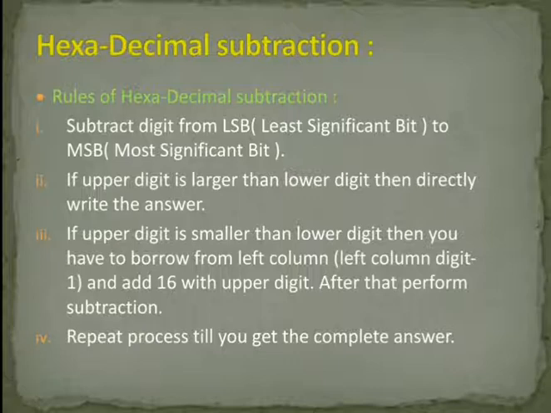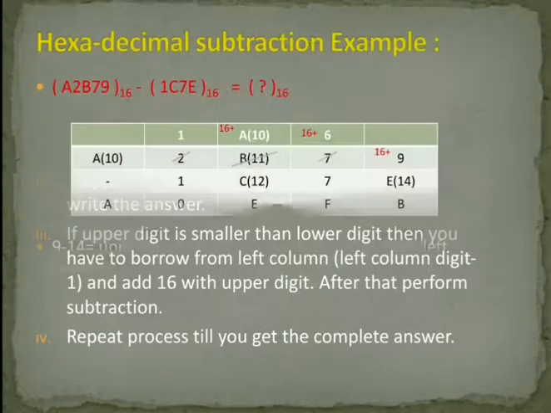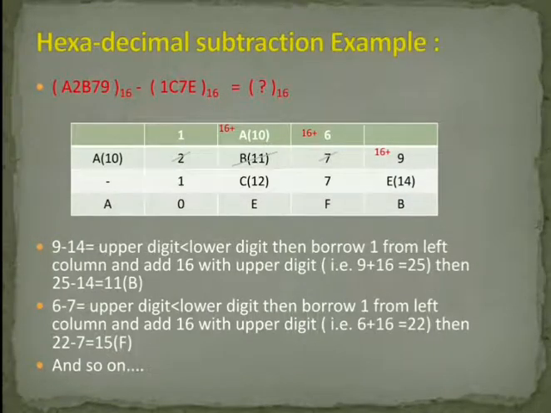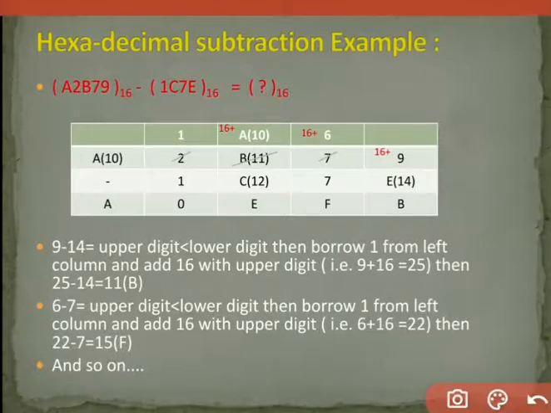We have to subtract from right to left. Again what we have to see, if upper one is greater than the lower one, then we have to write answer directly. When upper one is smaller than lower one, then we have to take borrow from our left column and we have to provide plus 16 to our digit. See, with example I am going to tell you about all these things.